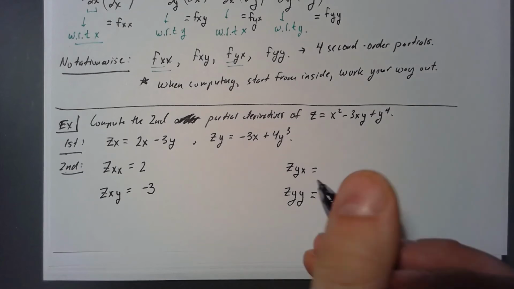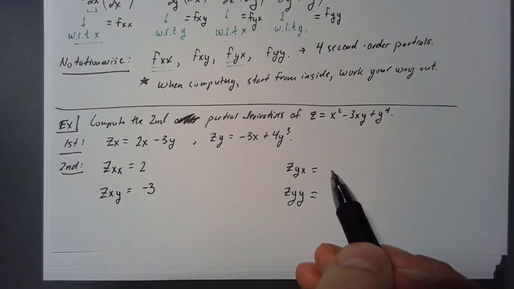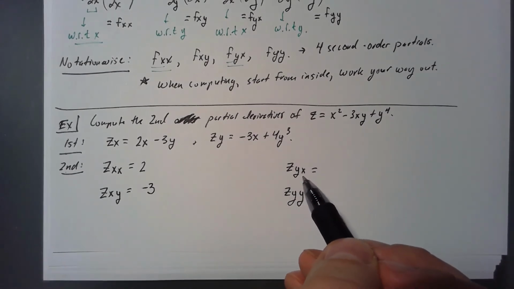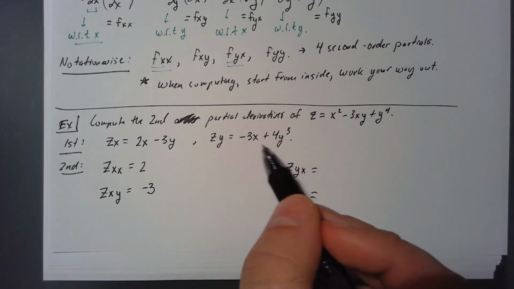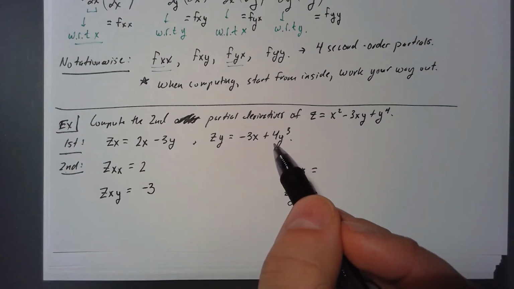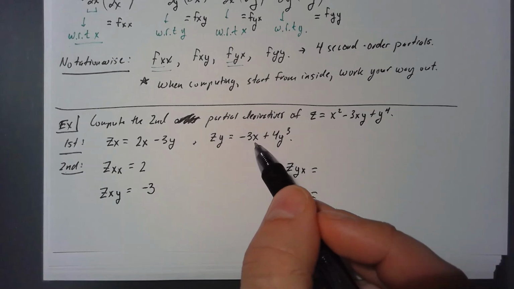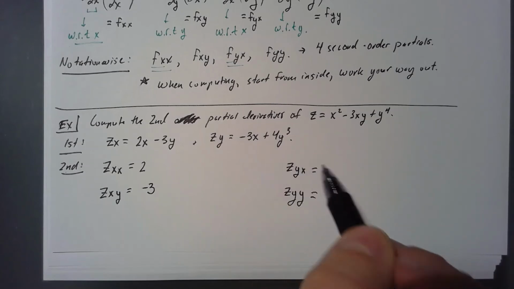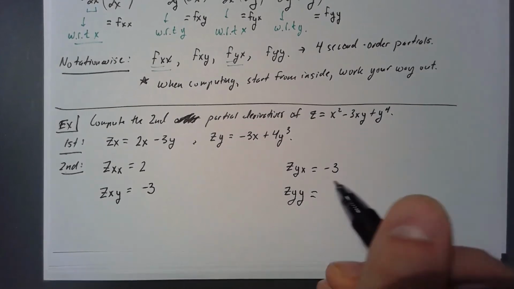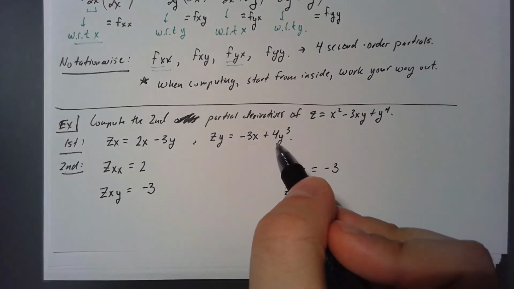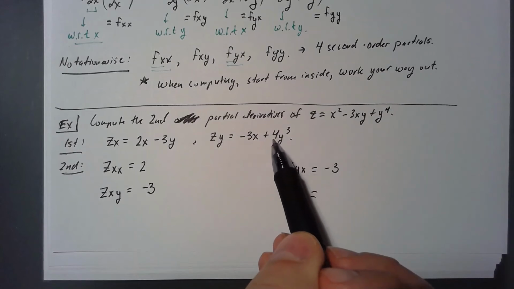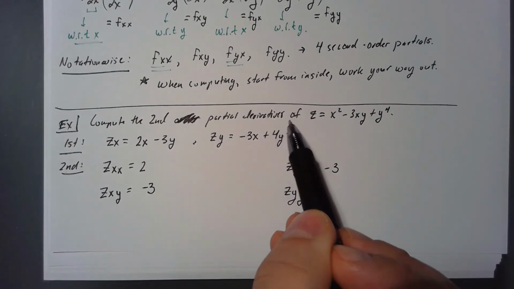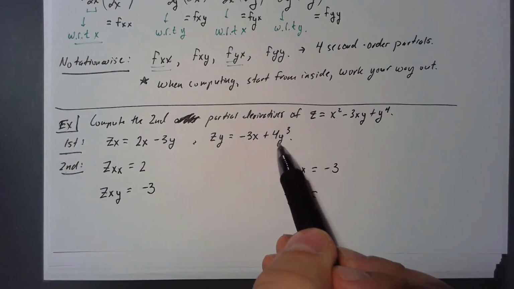Okay? So now this one, I'm taking the derivative of this one with respect to x. The derivative of this with respect to x is going to be 1. So I'm going to have negative 3 times 1, which is negative 3. And then the derivative of this with respect to x is just going to be a constant, so that's going to be 0. So I have negative 3.